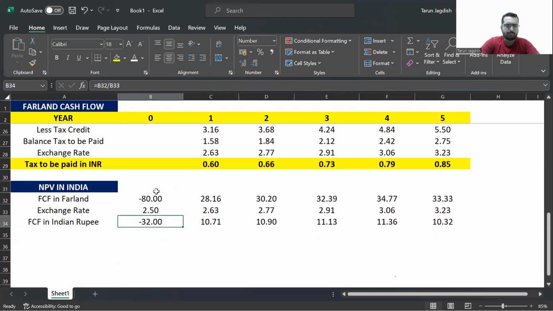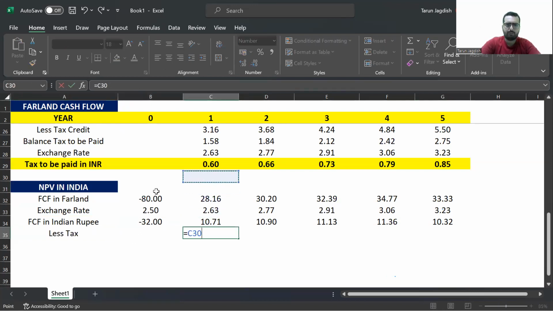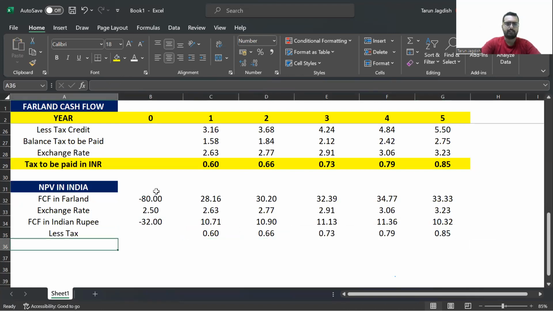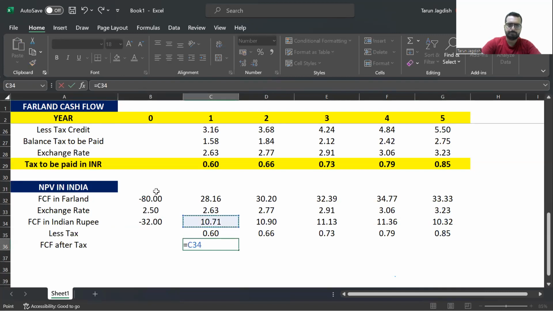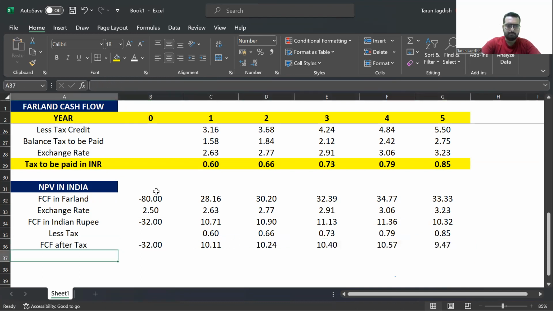This is the cash flow that we get in rupee. I will be paying some tax over here. How much tax extra do I have to pay? 0.6, etc. So after paying the tax, free cash flow after tax will be, these are the numbers that you get.